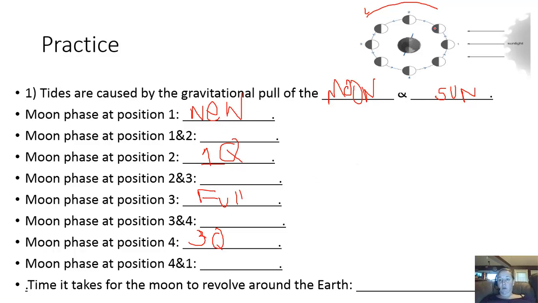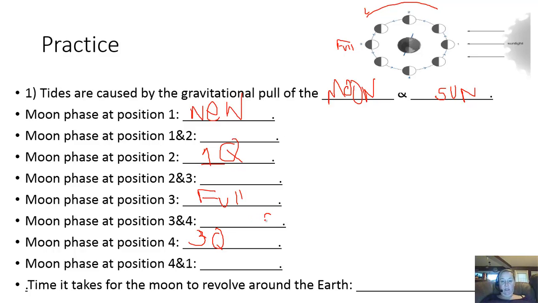All right, so let's look at the moons in between. Actually, I'm going to go find my full moon. This is my full moon right here. And I remember my little song, A, B, C, D, E, F, G, A, B, C, D, E, full gibbous. So the moons next to 3 are going to be gibbous moons.